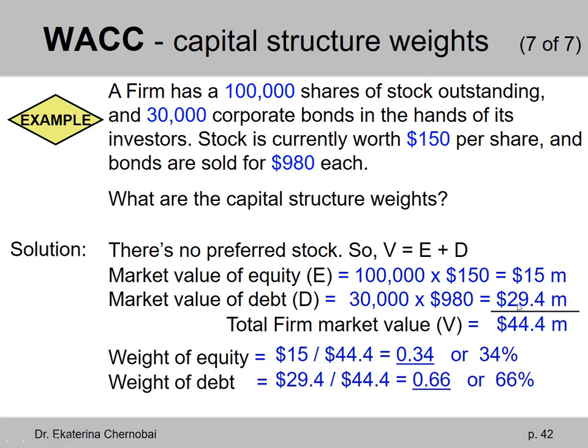We take 29.4 million, the market value of debt, and divide by 44.4 million, the market value of the entire firm, which gives 0.66 or 66%. Of course, there's one more way of calculating the weight of debt once you already have the weight of equity. You can just take 1 and subtract the weight of equity in decimals, 0.34, which gives 0.66 or a 66% weight of debt.